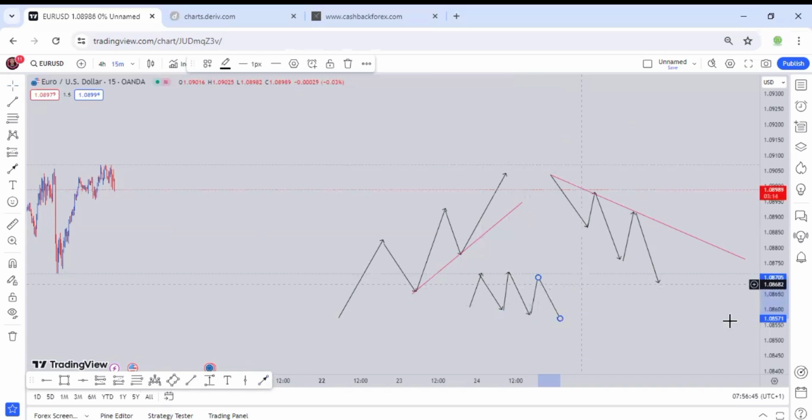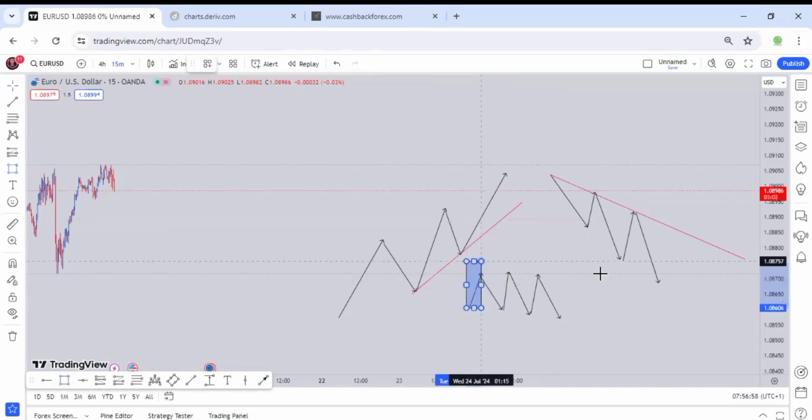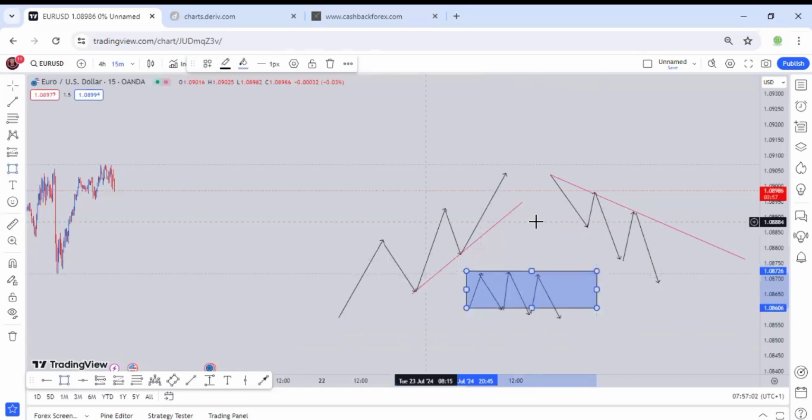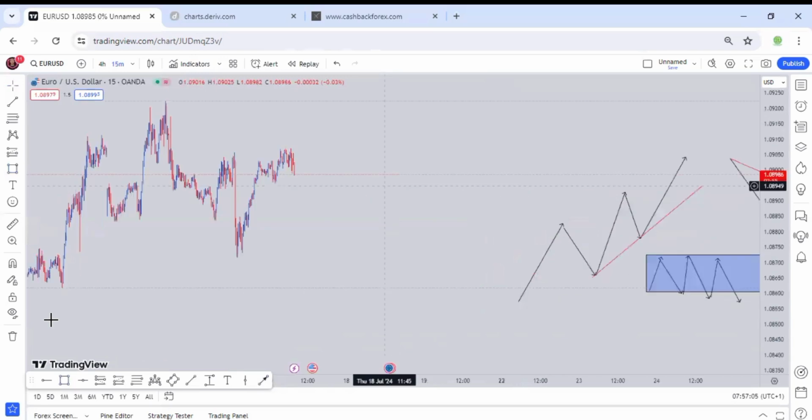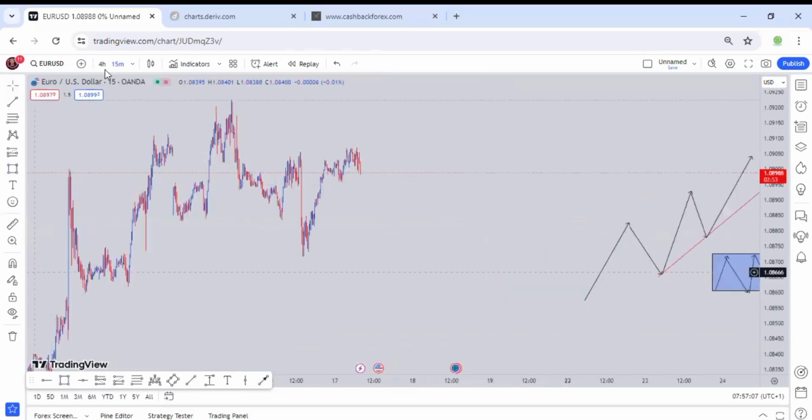This is what we are determining on the higher time frame. Then we'll scale lower to see where we currently are in the market and how we can take advantage of that. So we are starting by going to the highest of the highs.